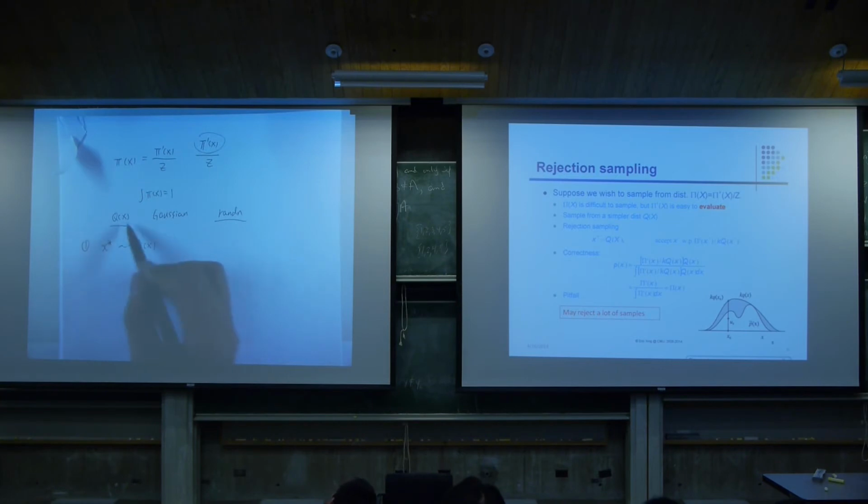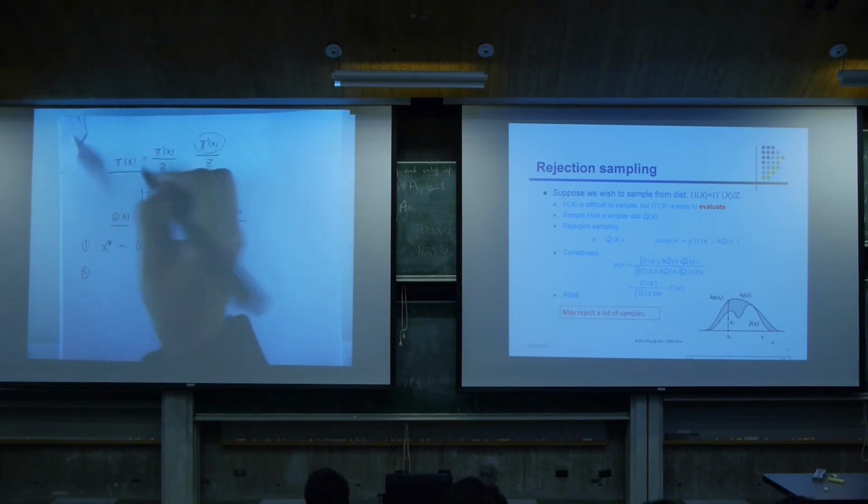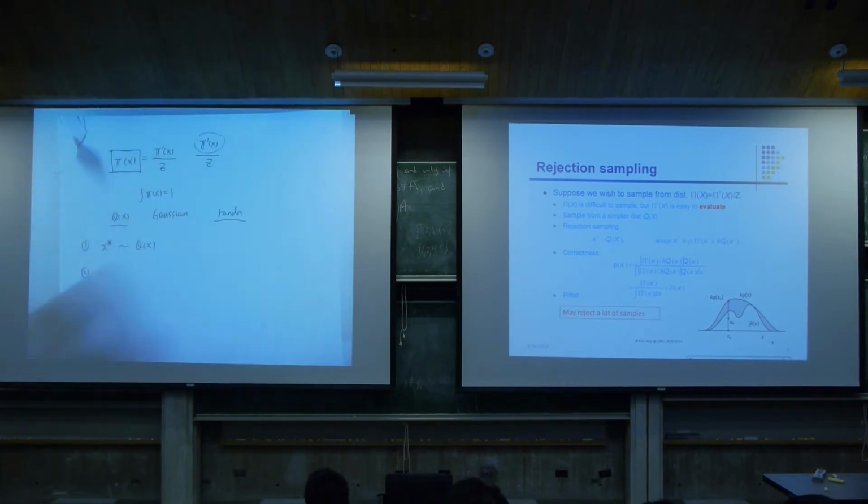Given a simpler distribution Q(x), firstly, I'm going to draw samples from Q(x). The next step is to decide whether I'm going to accept this sample or not. Accept means if I accept x star, I believe x star is a sample from the target distribution π(x) I am interested in.